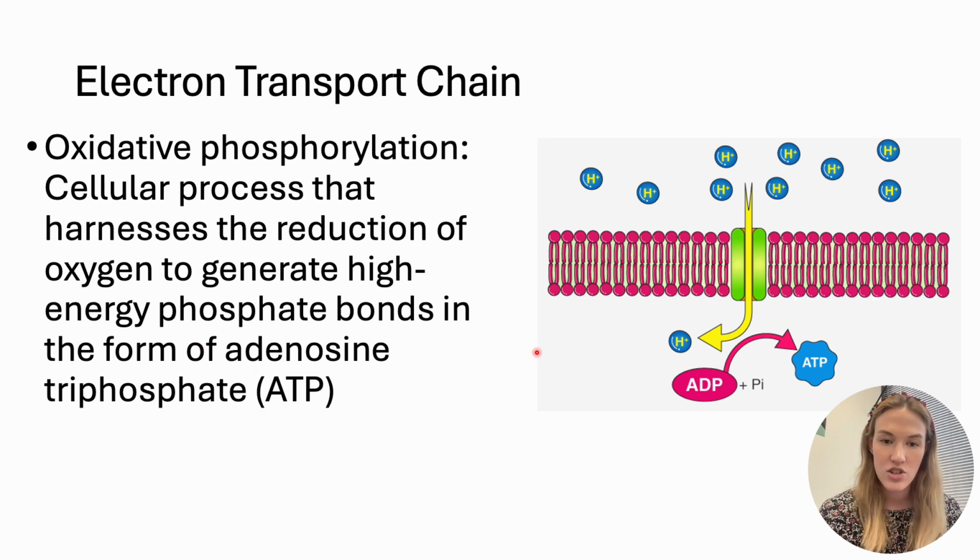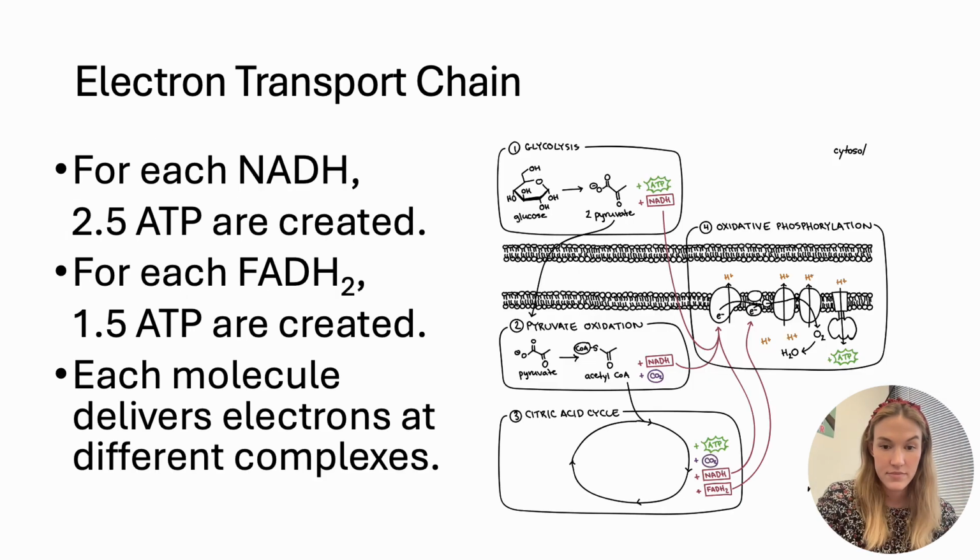So we use this energy from the reduction of oxygen, which is very energetically favorable, and we use that energy to bond an inorganic phosphate to an ADP to form ATP. So now we have this energetic currency, and the good thing for us is this is super advantageous. How advantageous, you might be asking?